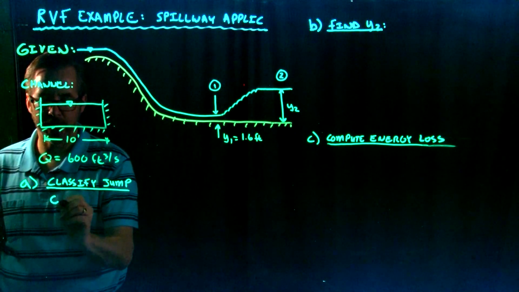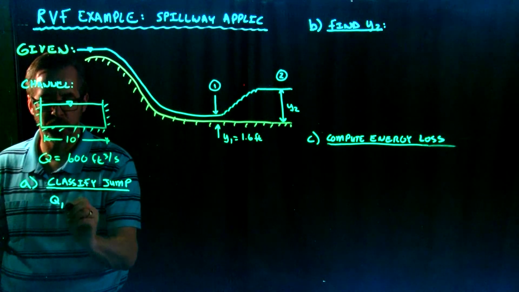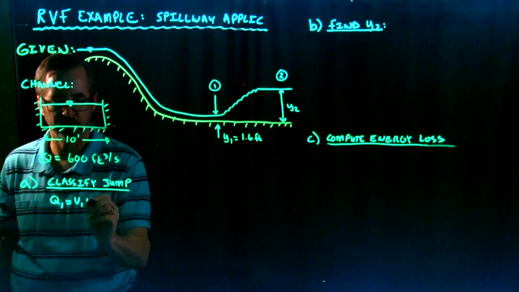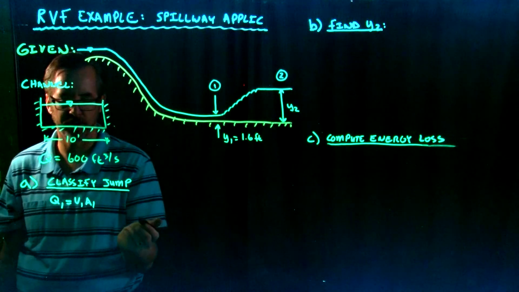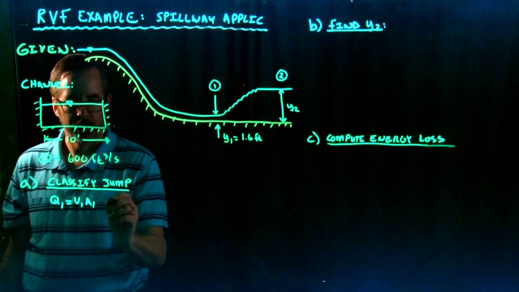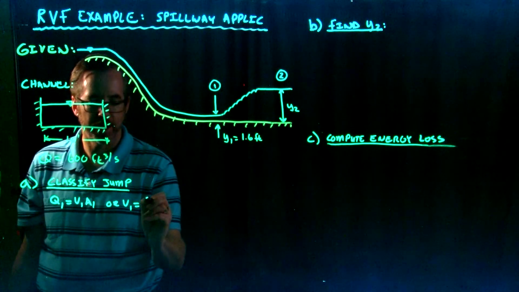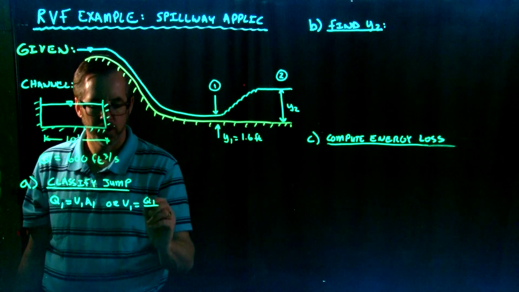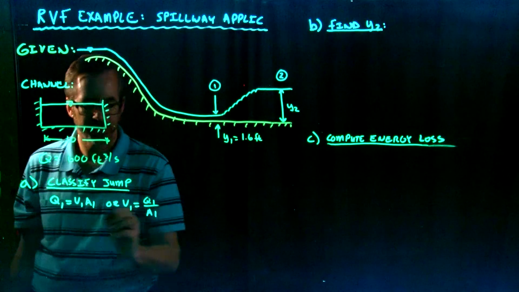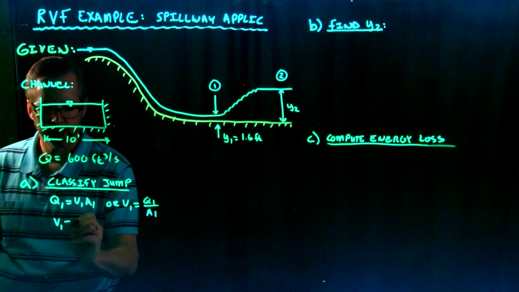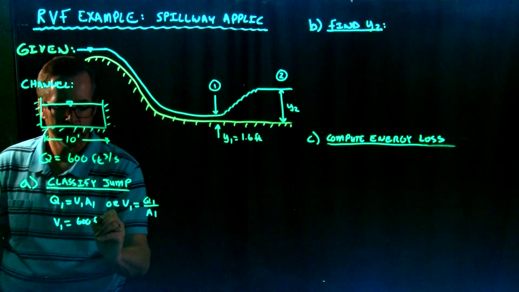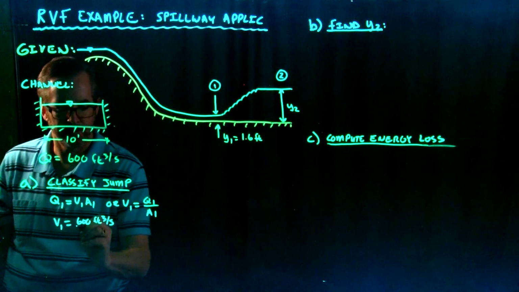So thinking back, if my flow at point 1 is equal to my velocity at point 1 times the area of the cross-section at point 1, I can then rewrite that as just V1 is equal to Q1 over A1. Okay, so I'll calculate that here. That's 600 cubic feet per second.